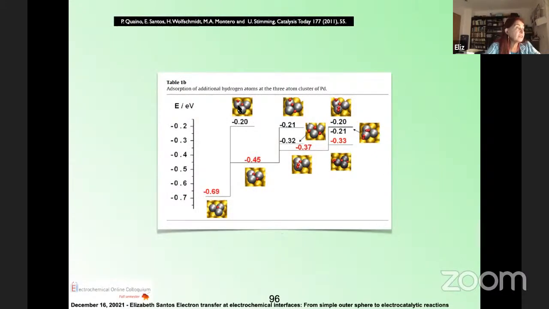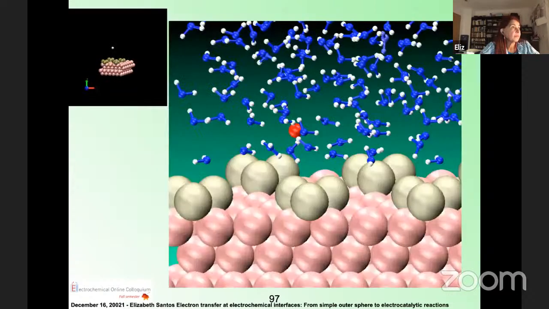When the coverage is different, we have more than one site where the hydrogen can adsorb. The range is very large, and we can have a very complicated picture of this.